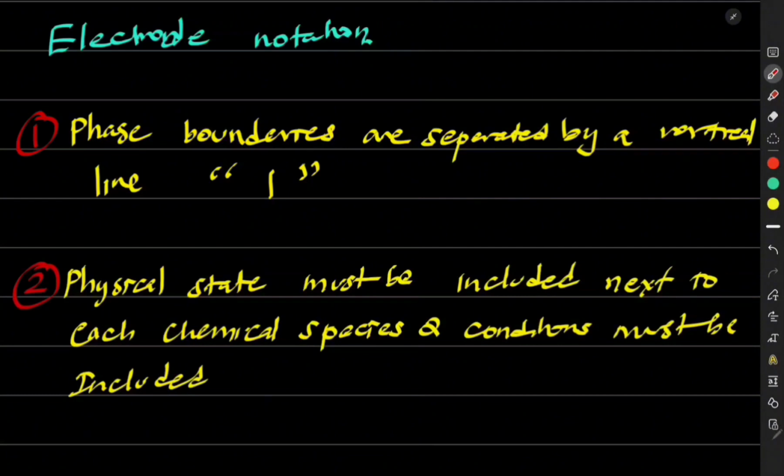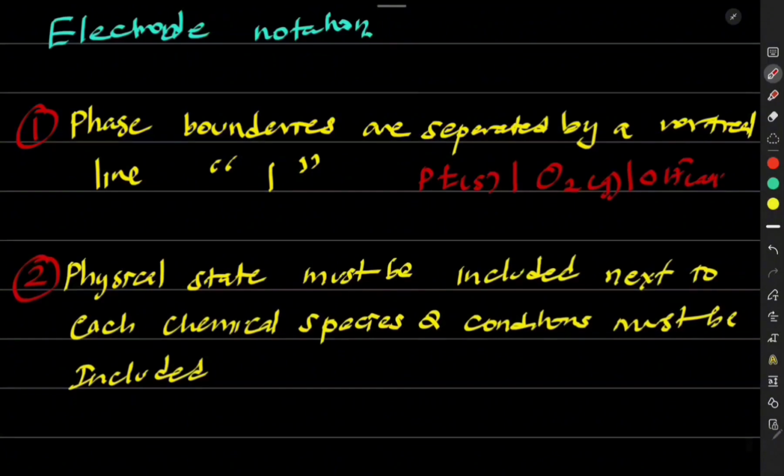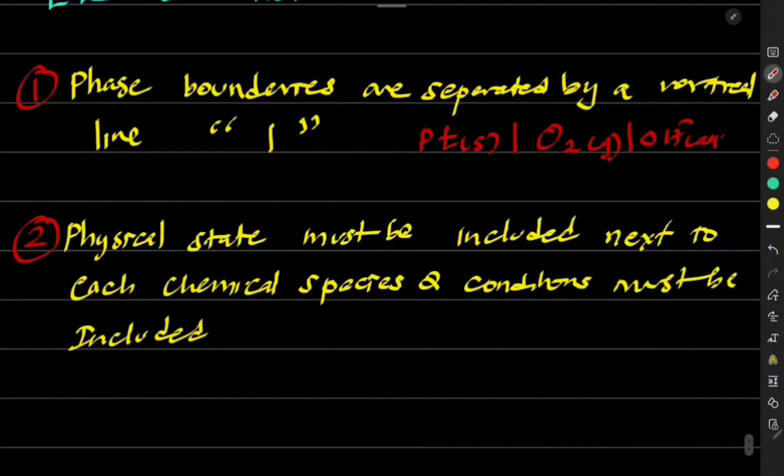For example, let's take a gas electrode. In the gas electrode, there will be Pt solid and separated by a vertical line, which is the interface, and O2 gas and OH minus aqueous. These are interfaces mentioned. And now let's consider a redox electrode for the second one.